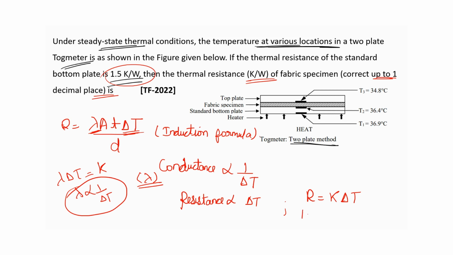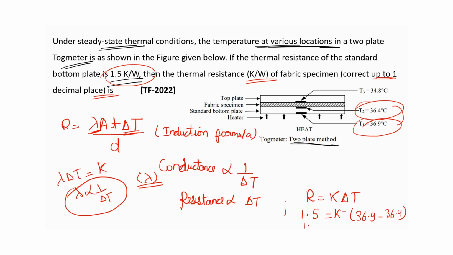R is 1.5, K you have to find, and the change in temperature is between T2 and T1, so 36.9 minus 36.4.